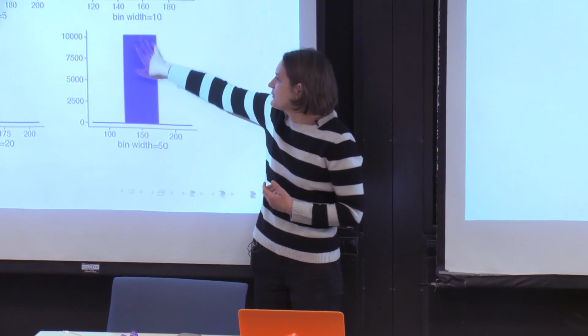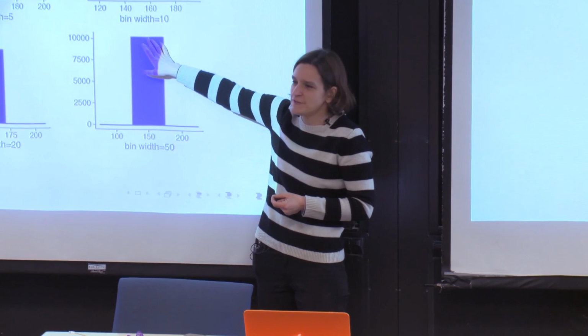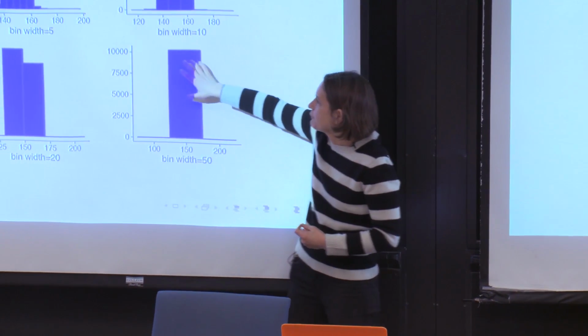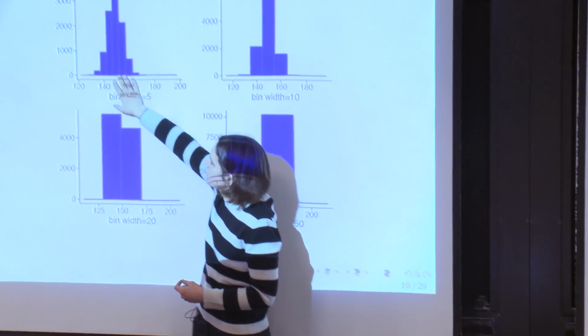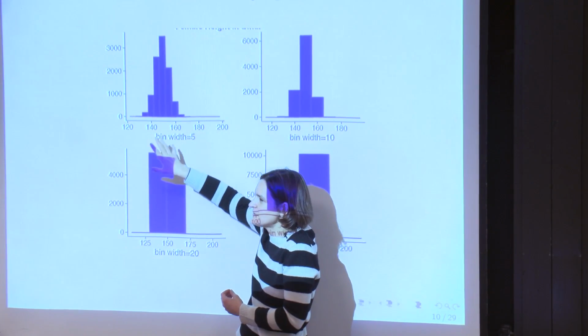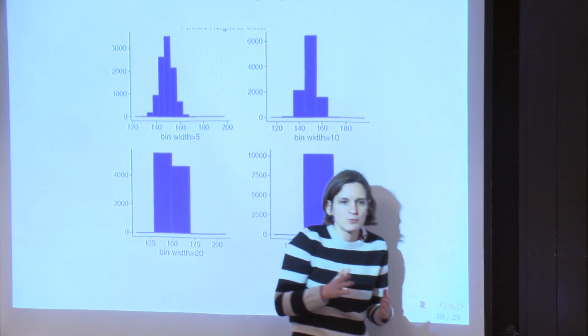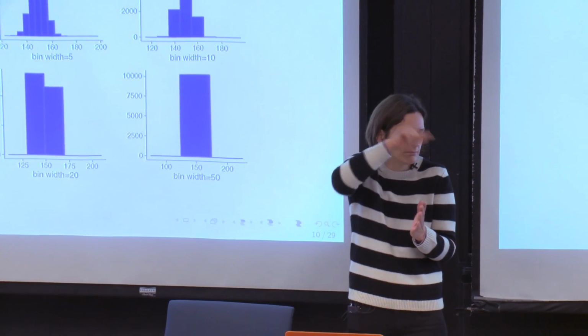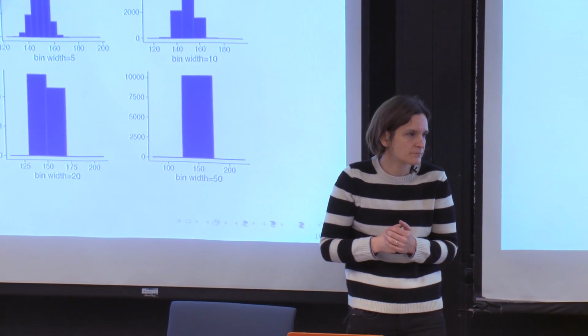It pretends that all of the distribution is exactly 150 centimeters. That's wrong. This sounds fine. We could even have bins lower than 5 centimeters. But if we go all the way to 1, depending on the data set, it might be too much. We might have bumps that are not really there in the data.